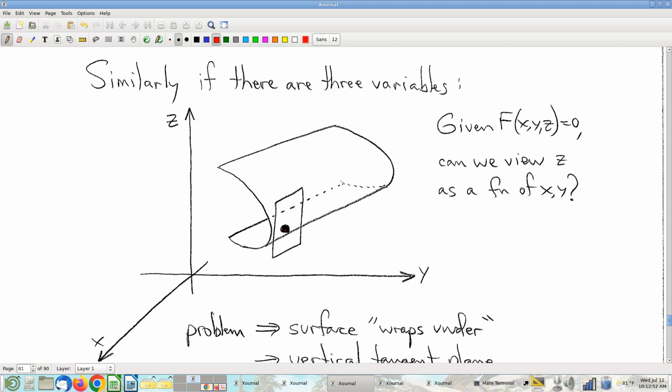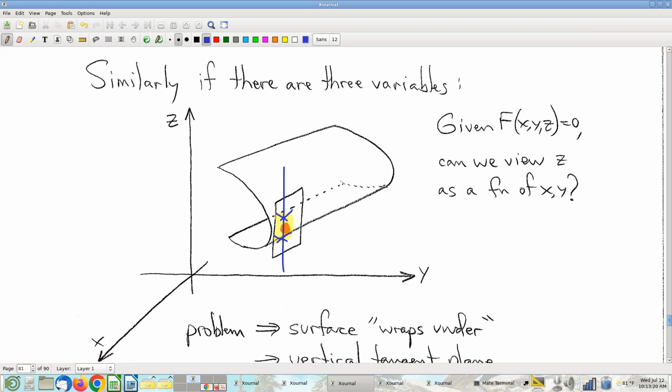But something bad happens at that point. If at that point I try to say, oh, well, let's just look nearby, and nearby, that's a graph. Nearby passes the vertical line test. No, it doesn't. Nearby that point, the surface has wrapped under itself, and therefore it will fail the vertical line test.